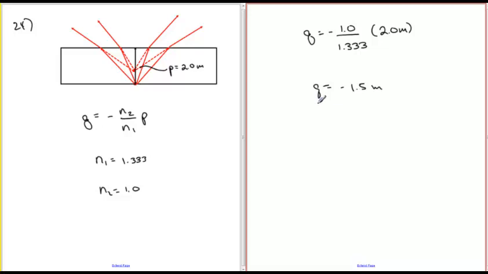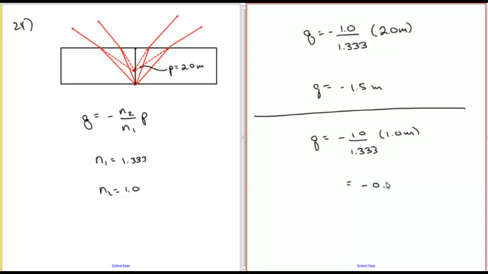Now, what happens if it's half full? Well, if it's half full, P is 1 meter. So you get Q equal to 1.0 divided by 1.333 times 1 meter, which is 0.75, so it's minus 0.75 meters. But you've also got the distance from halfway down the pool to the top.